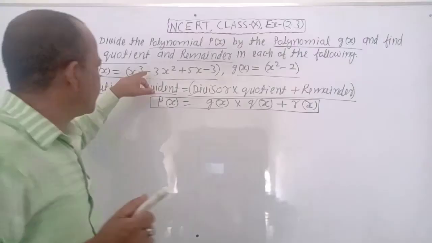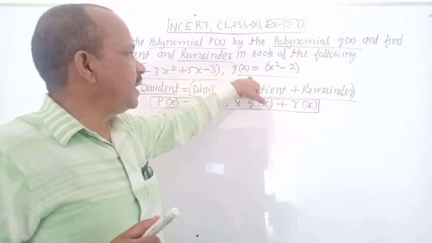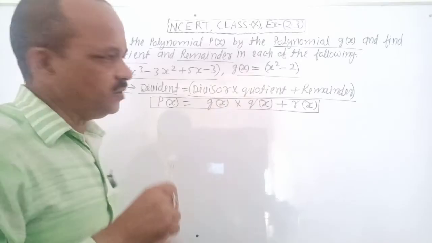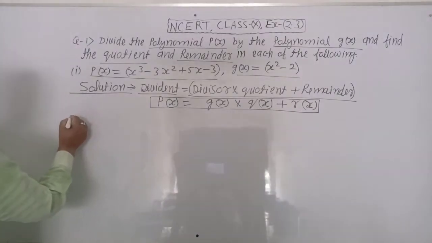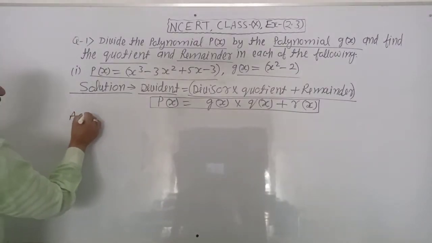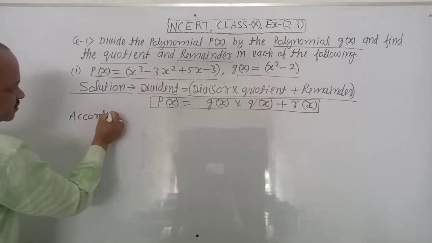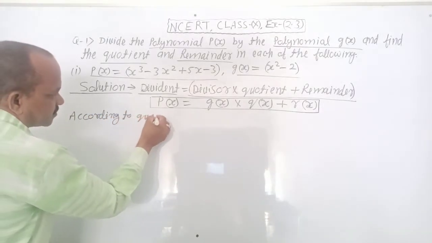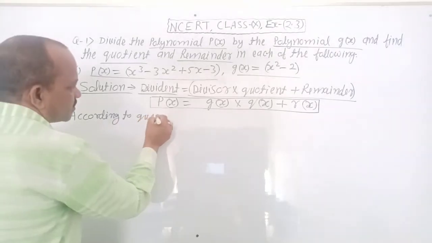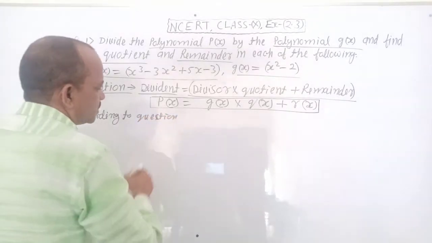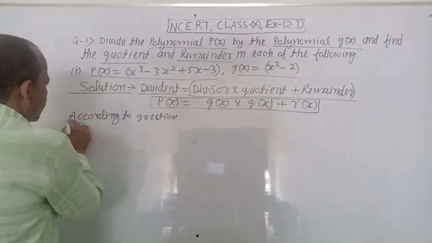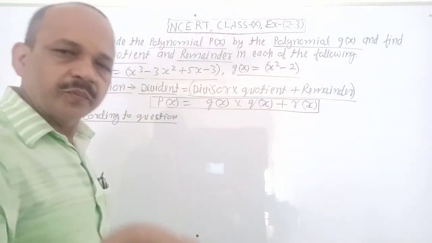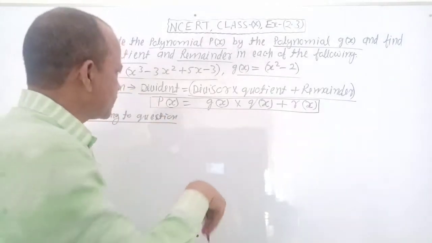Here it is p(x) and it is g(x). According to the question, you divide p(x) by g(x).